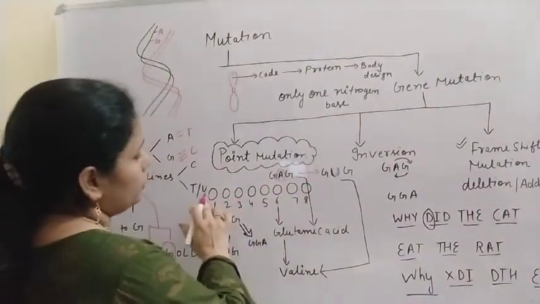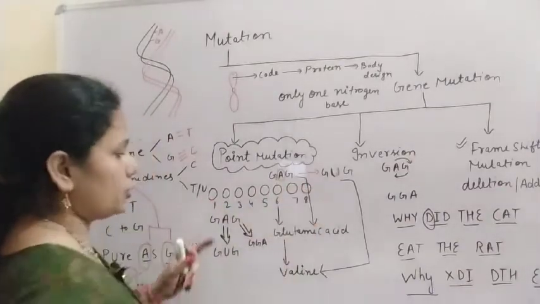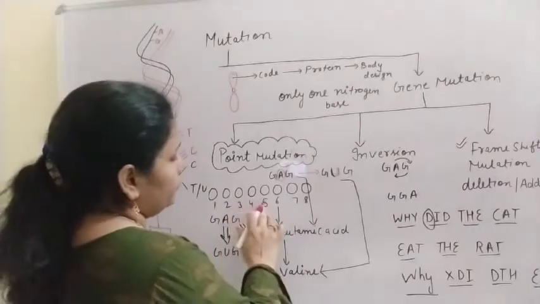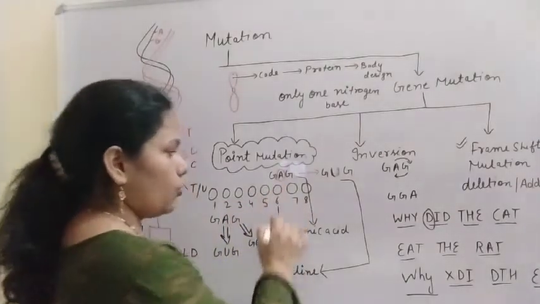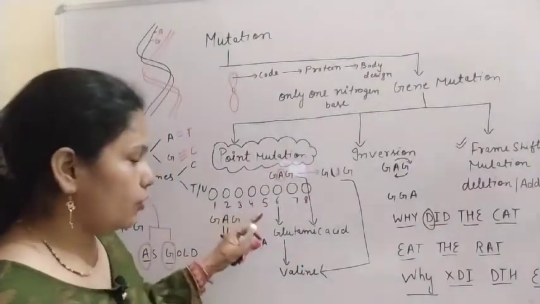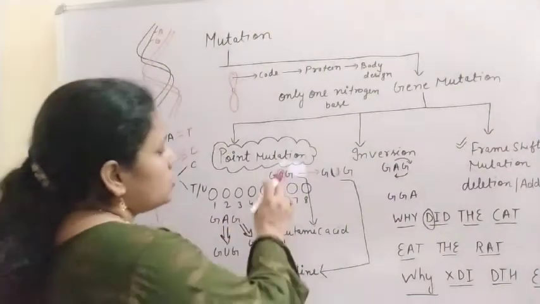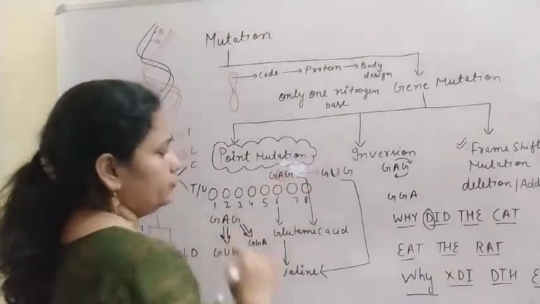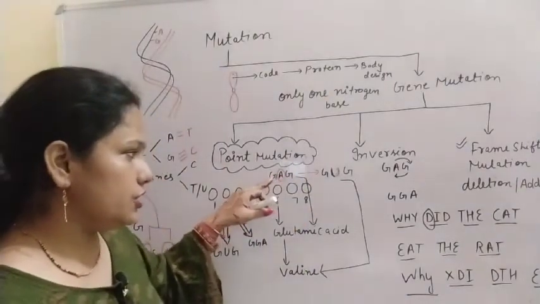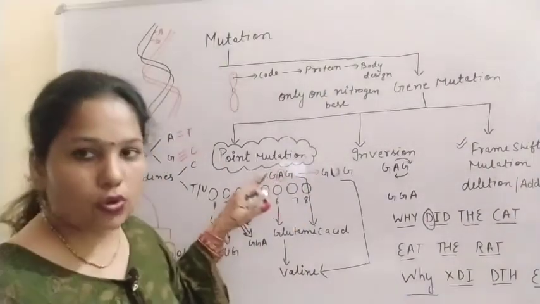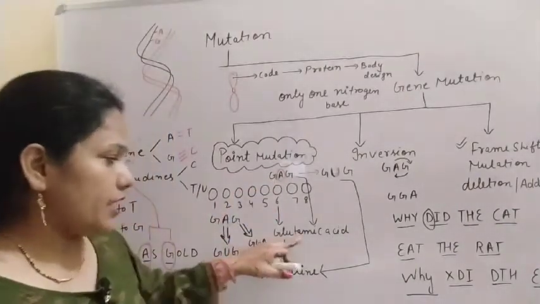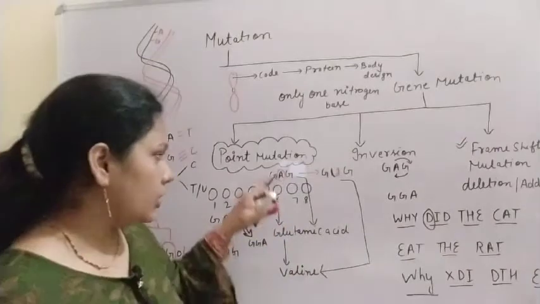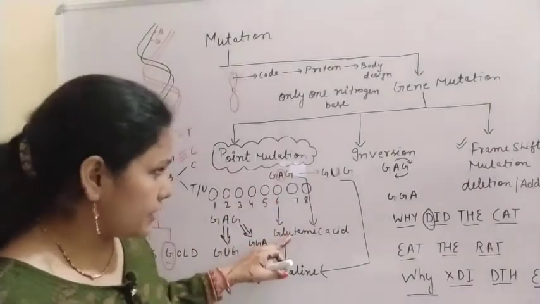This is the chain for the hemoglobin structure: first, second, third, fourth, fifth and sixth. At the sixth position of the chain of the hemoglobin molecule, the codon sequence is GAG, and this triplet codon codes for glutamic acid, the amino acid.